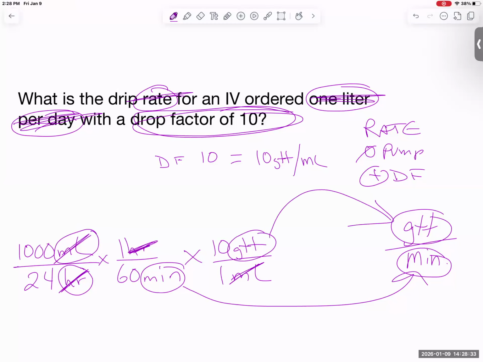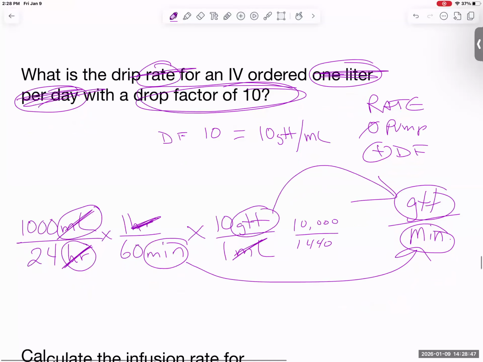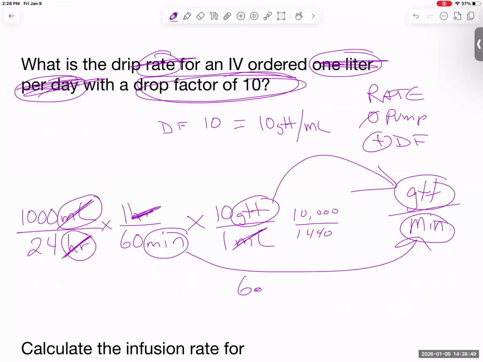That's all it takes. So now we just multiply across the top and the bottom. You can cross off the zeros if you want to, but let's just keep it: 1,000 times 10 is 10,000. And 60 times 24 is 1440. And when I do the math, it'll give me 6.94. So here's the thing with drops. Can I split a drop?